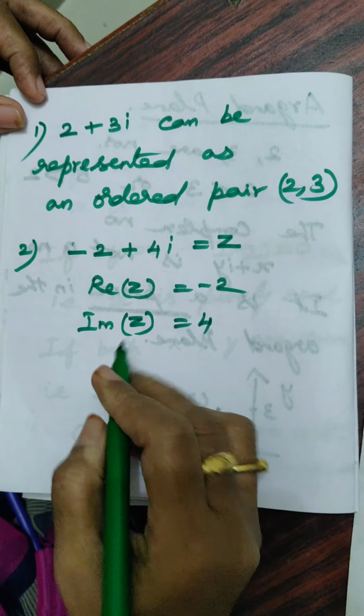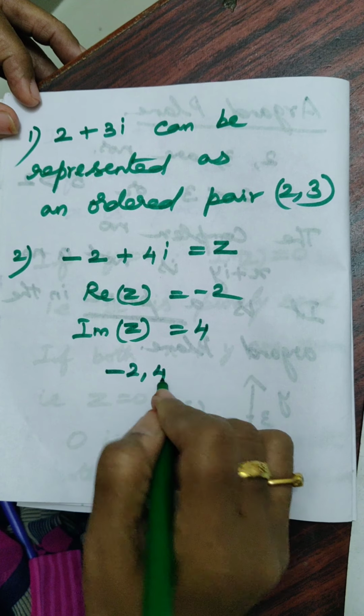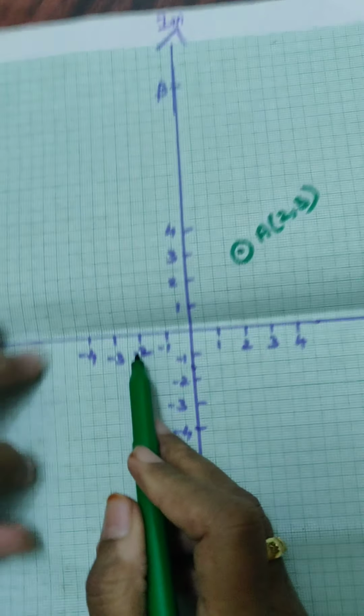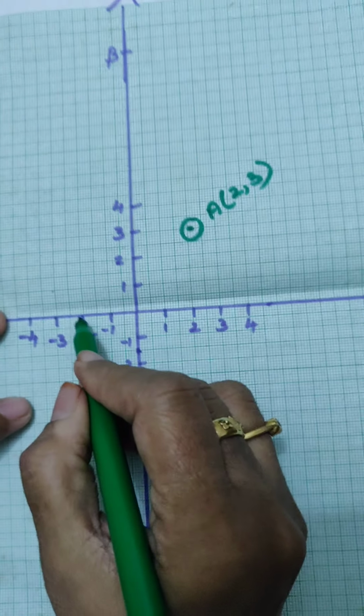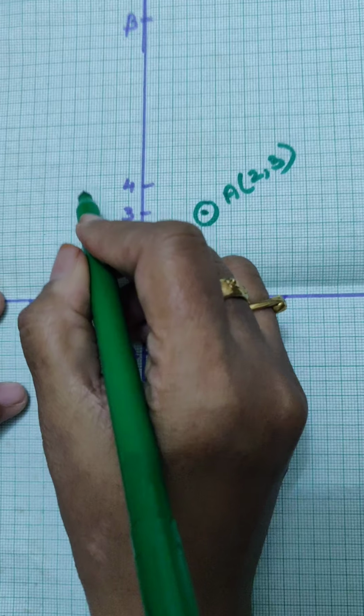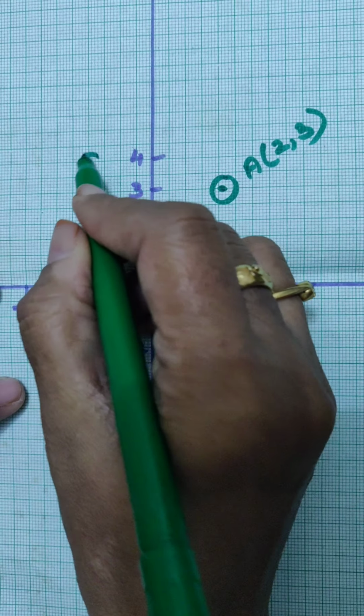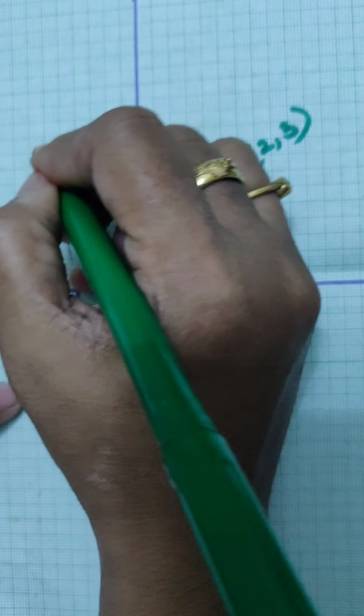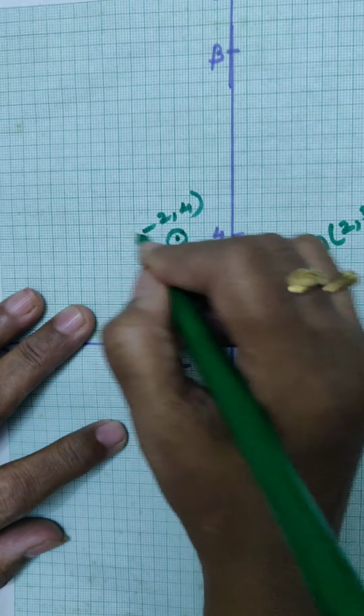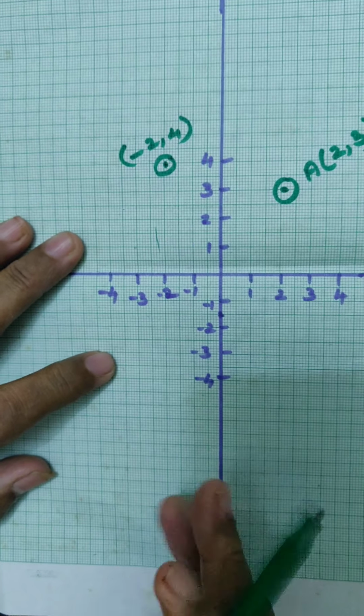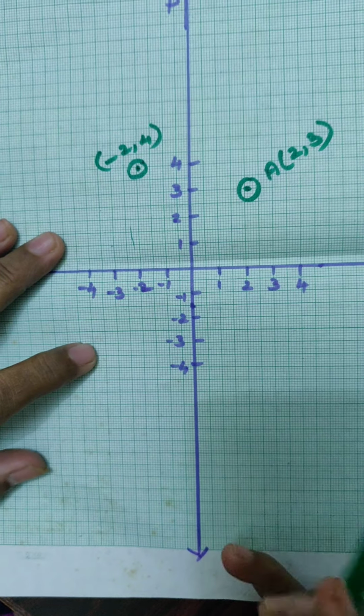So how will you mark? It can be represented as minus 2, 4 in the Argand plane. Here I am taking minus 2 and 4. So minus 2 is here, 4 is here. This represents the complex number minus 2, 4. Is it clear? In this way we are going to mark in the Argand plane.